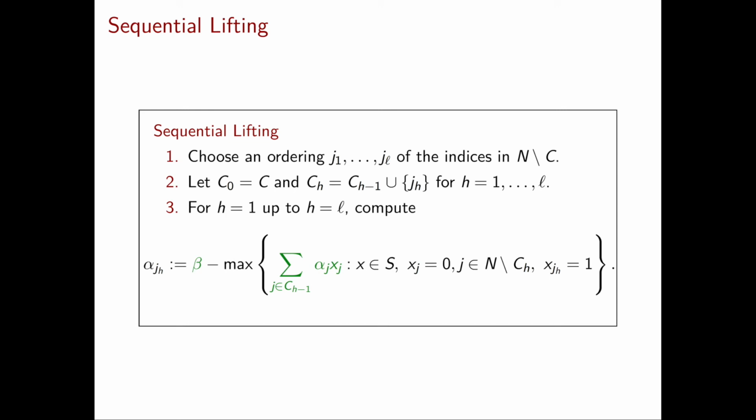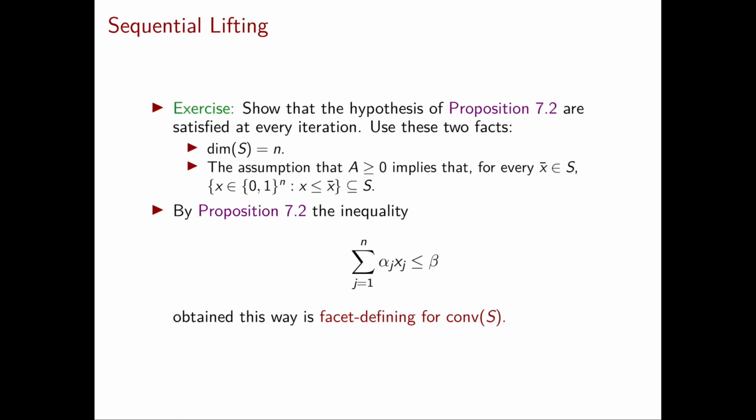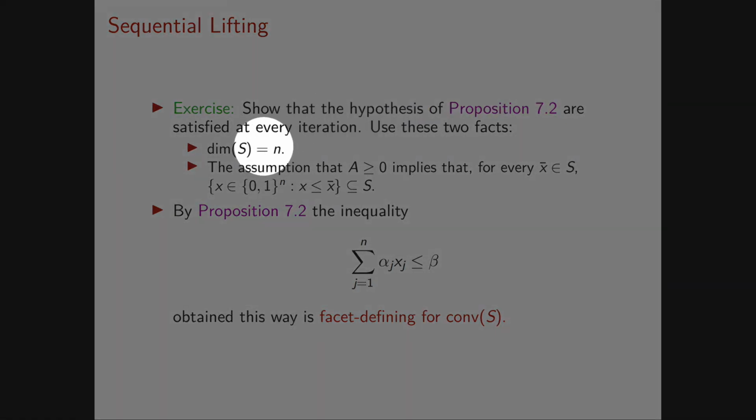In fact, if you remember, in order to apply such a proposition, we need to check a couple of conditions, and it's a very good exercise to check that in fact the hypotheses of the proposition are satisfied at each iteration. And that's exactly where you need to use our assumptions that the dimension of S is n and that A is greater than or equal to 0.